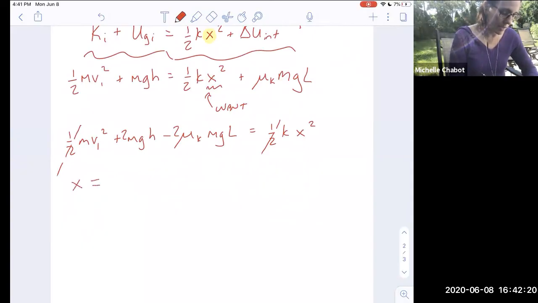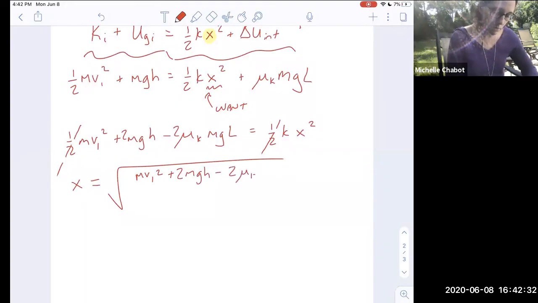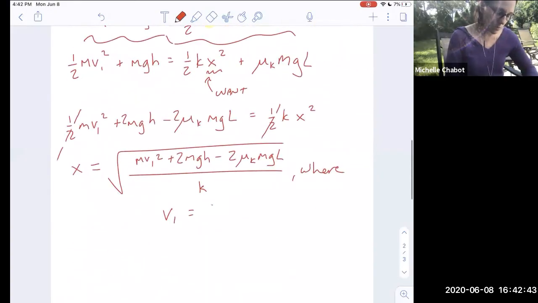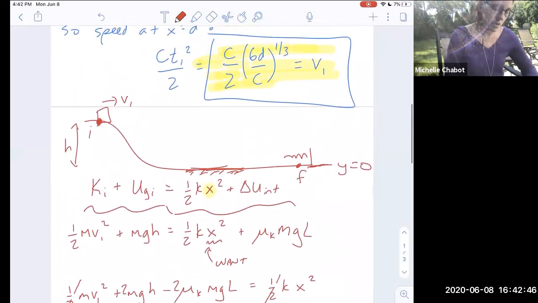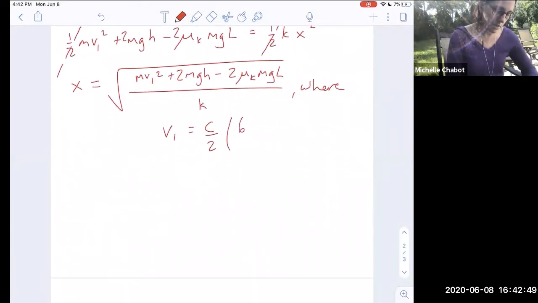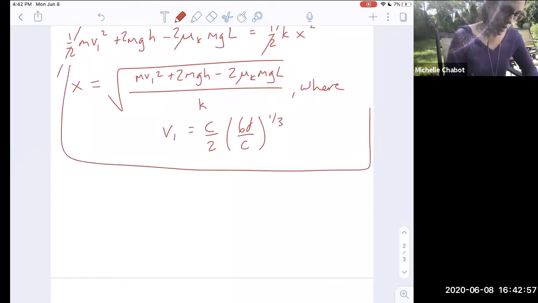So I end up with x is equal to the square root of (m v1 squared plus 2mgh minus 2 mu sub k mgL) all over k. And then I need to remember to define v1 from above. So I'm just going to rewrite where v1 equals C over 2 times the quantity (6d over C) to the 1/3, where that is my definition of v1. Box that whole thing, and this is my answer.